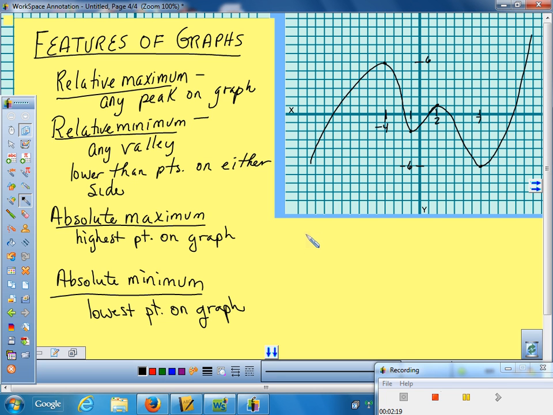Okay, so tell me, on this one, what are the relative minimums? Let's see. -6. Okay, and they are going to ask you to list these as coordinates. So what are the actual coordinates of the relative minimum? Did we do this last year or something?